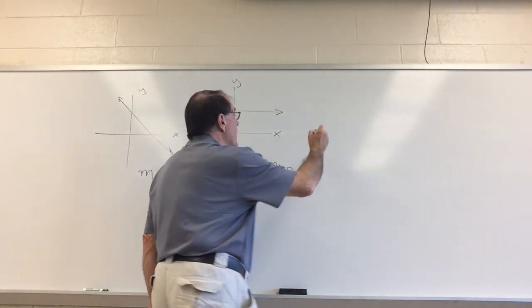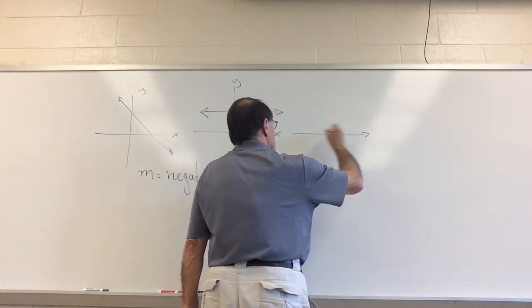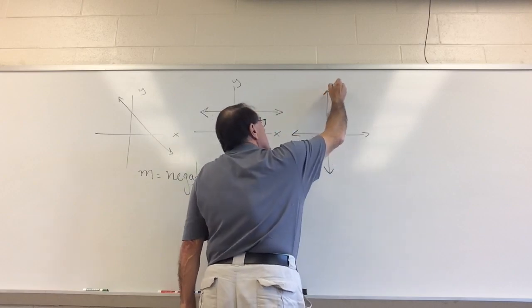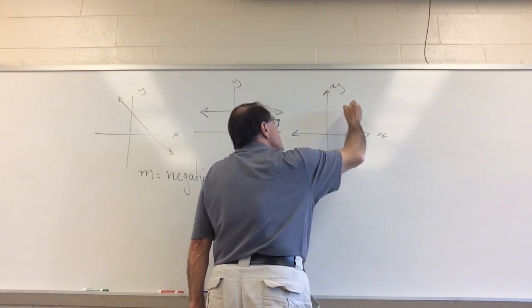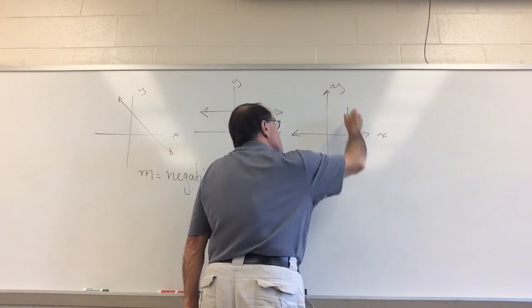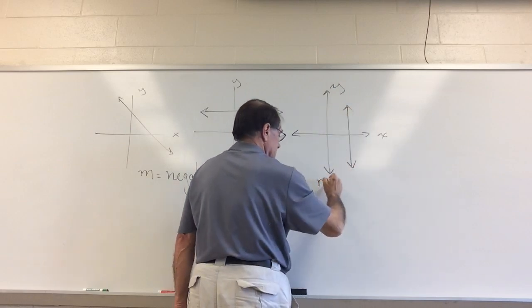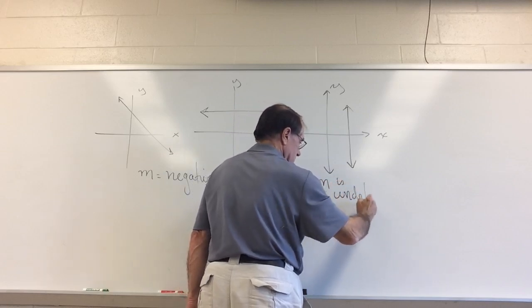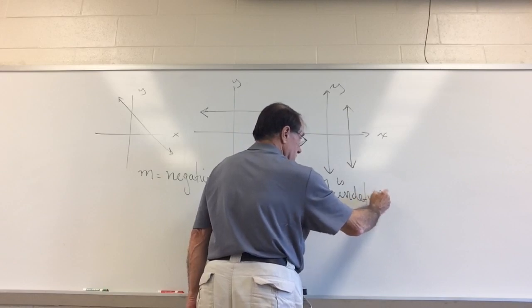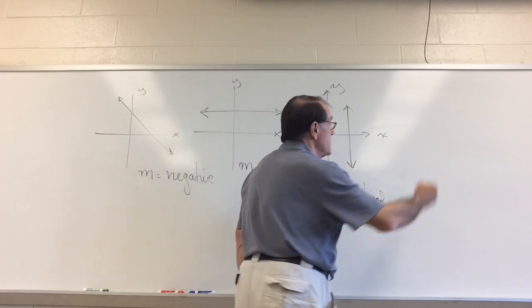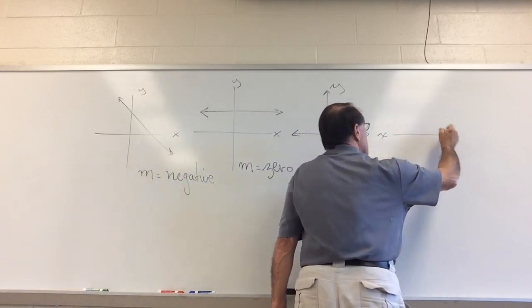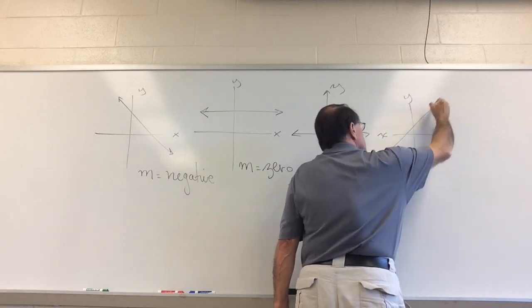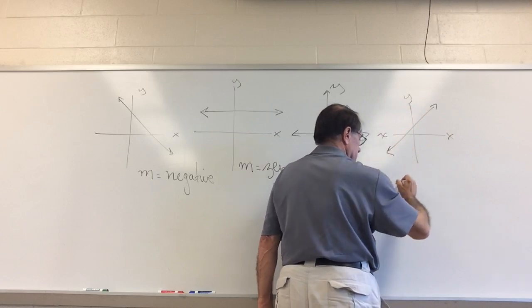Slope is undefined. The line is vertical. And in the last situation, slope is positive and the line is increasing.